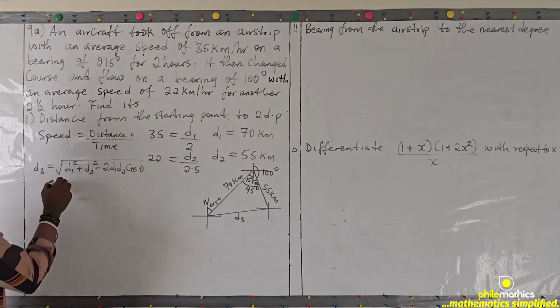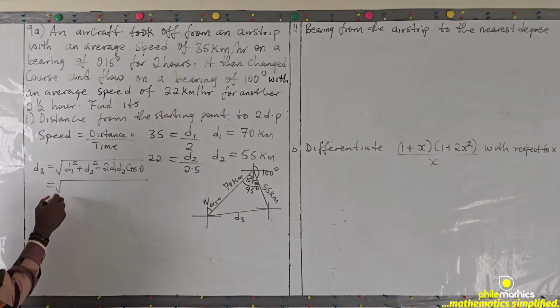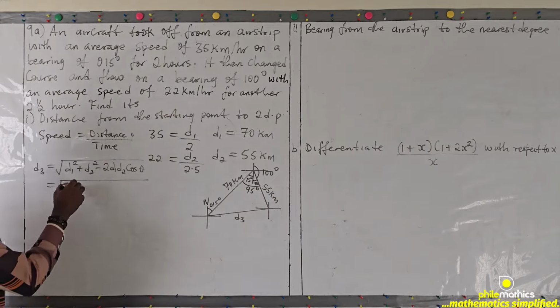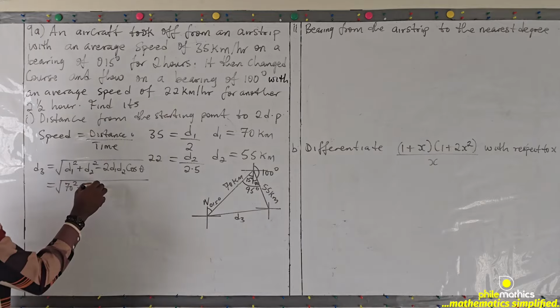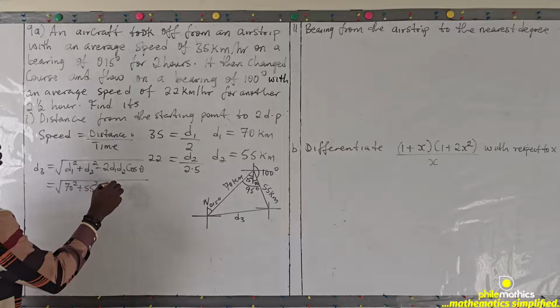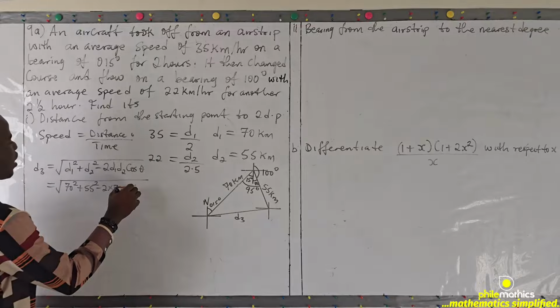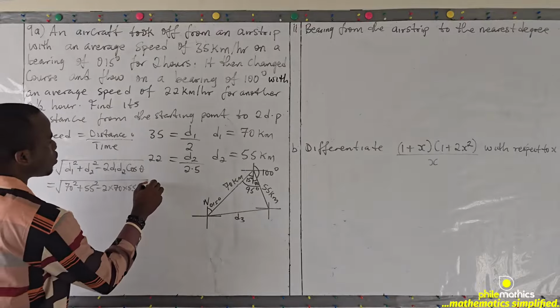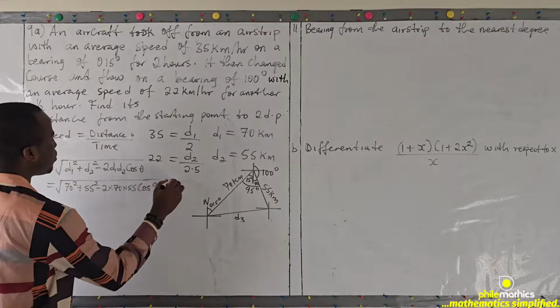This is 70 square plus 55 square minus 2 times 70 times 55 cos 95 degrees.